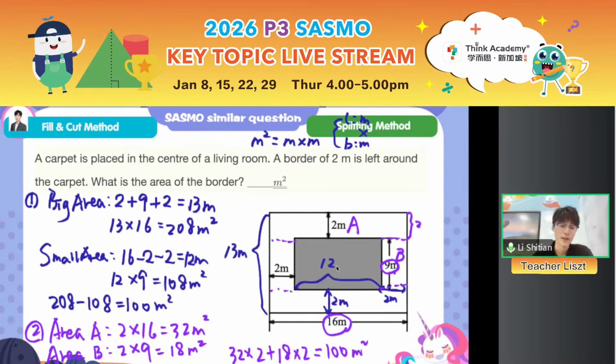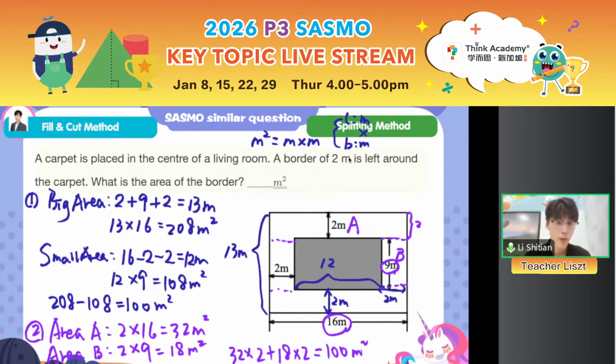Okay. So for this kind of question, we can use the method which is called fill and cut. We can also use the splitting method, right? So if you see this kind of question in your Sasmo, you can choose your favorite method first and try if it works or not. If your method works, then everything is perfect, right?